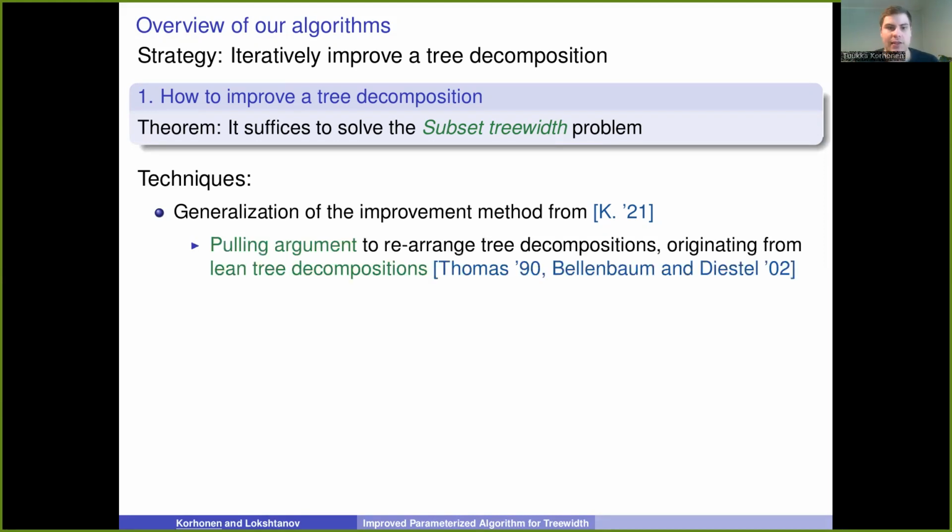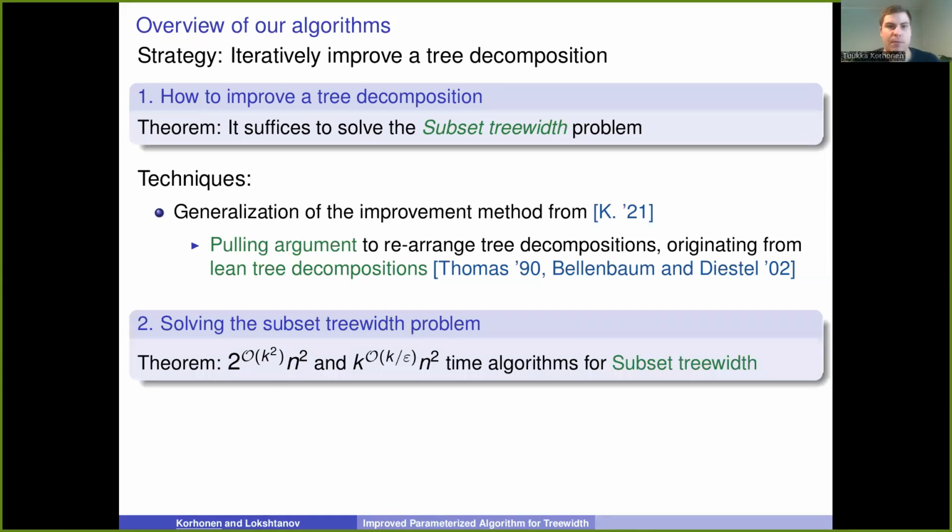And the technique inside is what we call a pulling argument, of pulling separators along disjoint paths inside the decomposition to rearrange the tree decomposition. This type of argument originates from proofs about the existence of lean tree decompositions of Thomas and Bellenbaum-Diestel, and was used in this 2-approximation, and now we make more use of it in the context of this subset Treewidth problem.